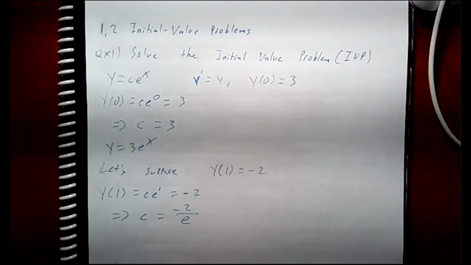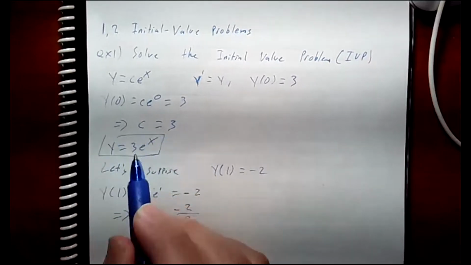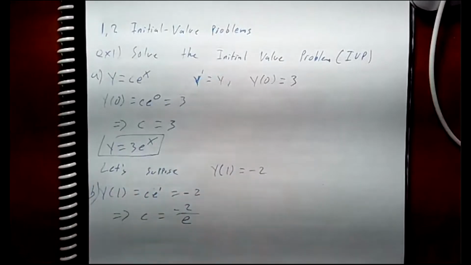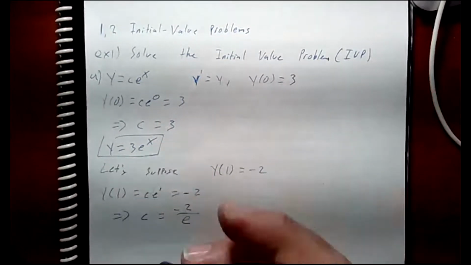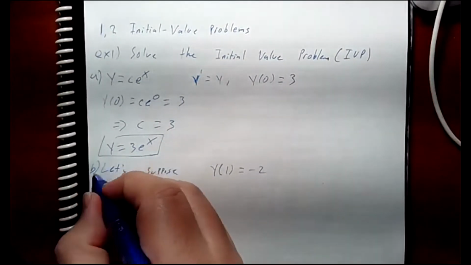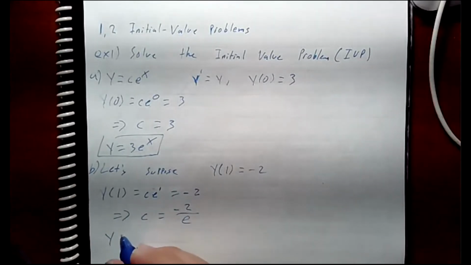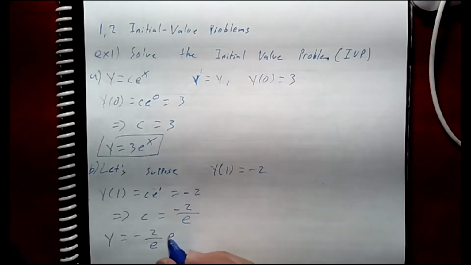So our equation this time, our solution, this is the first part here. I'm going to call this part A, so it's a little neater. Part B. Put B over here. Okay, so the solution will be y equals -2 over e times e to the x.